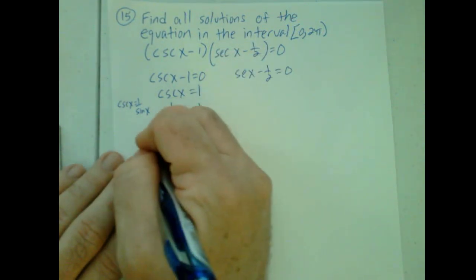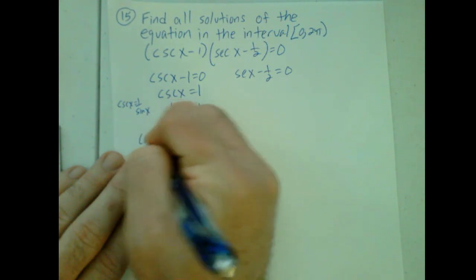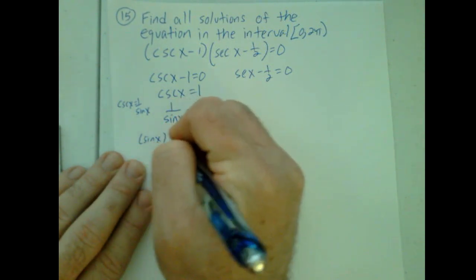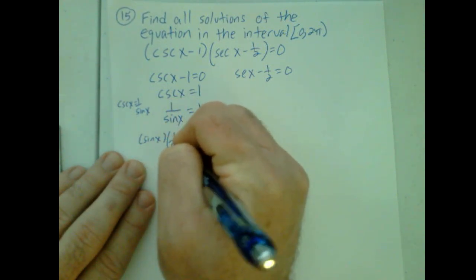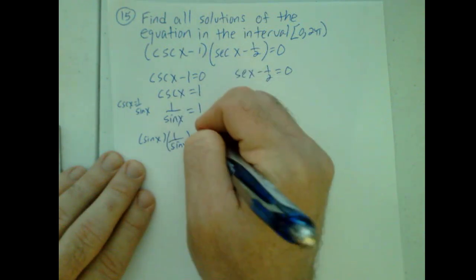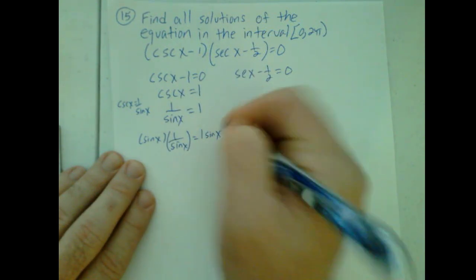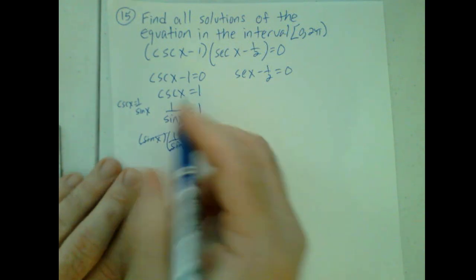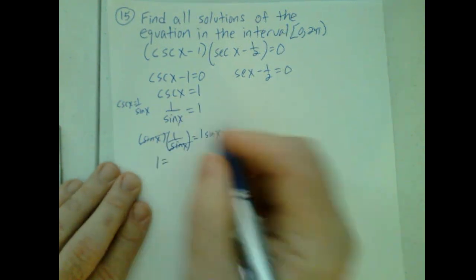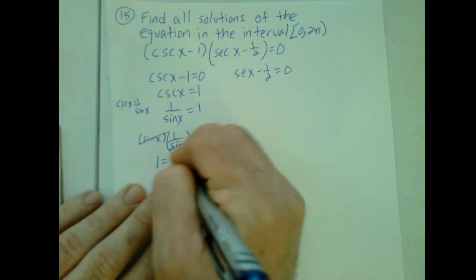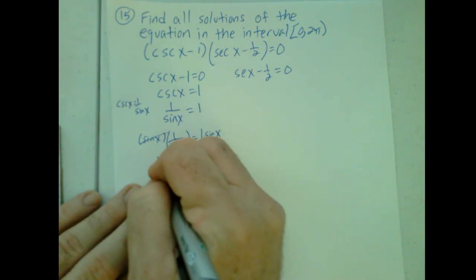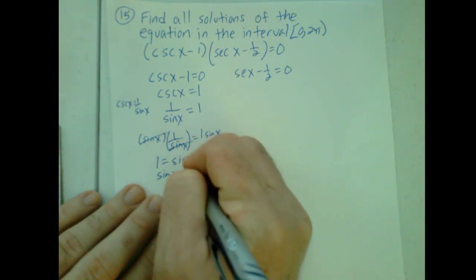So if we multiply both sides by sine x, those will cancel out, and we'll get 1 equals sine x, or sine x equals 1.